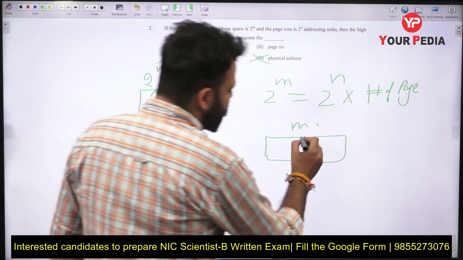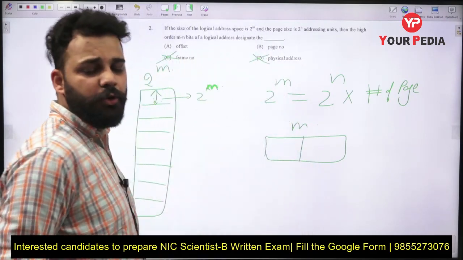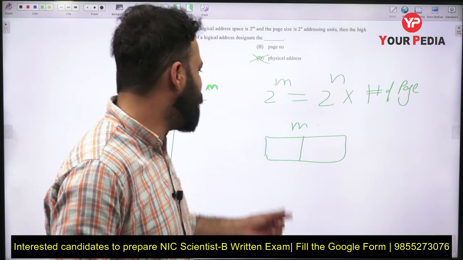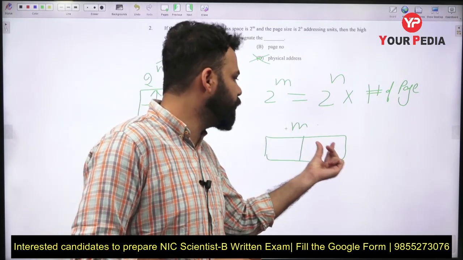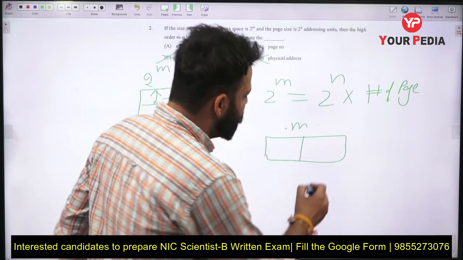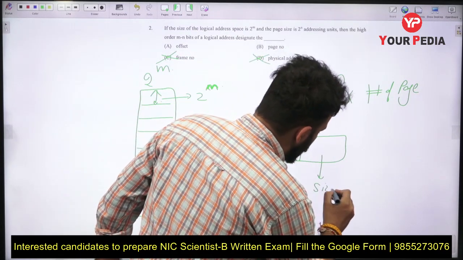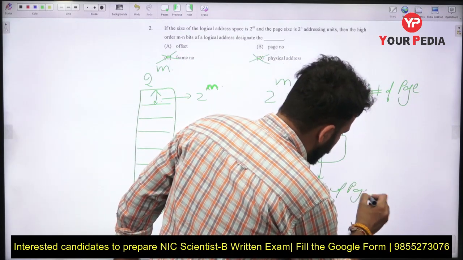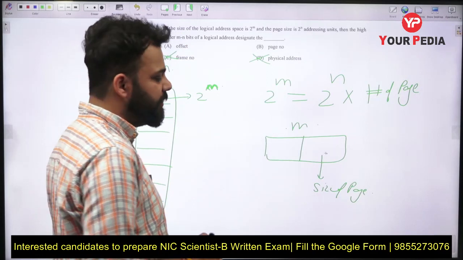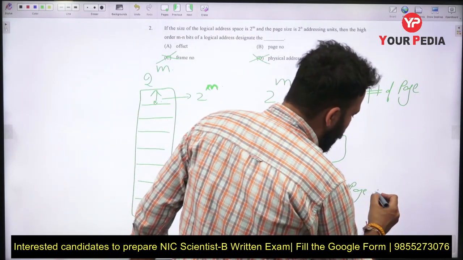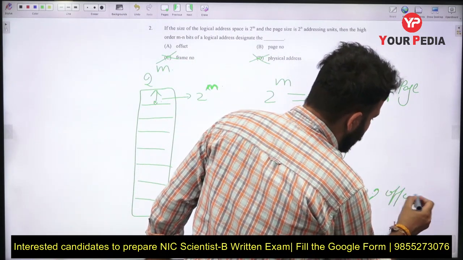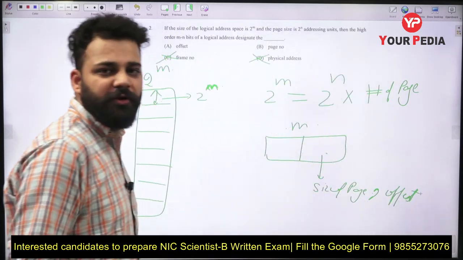These m bits consist of two things. One is the size of page. These bits will denote the size of page, and it will be called the offset of the logical address.